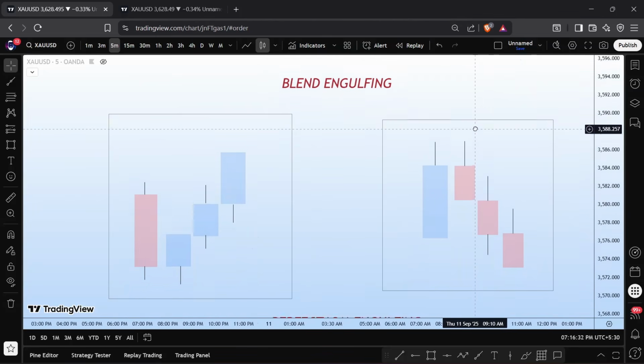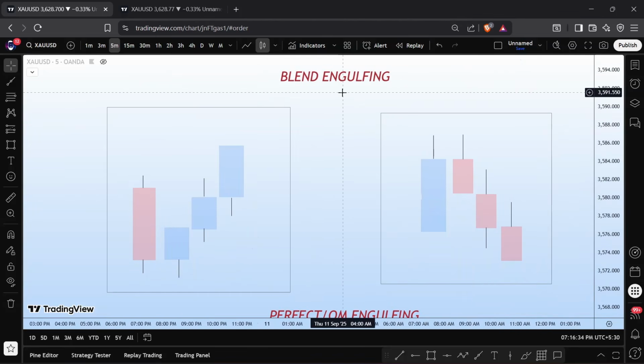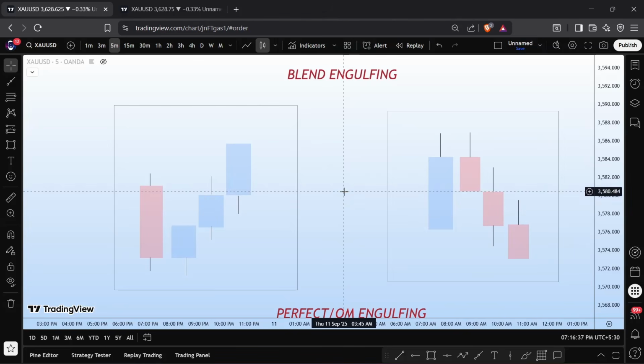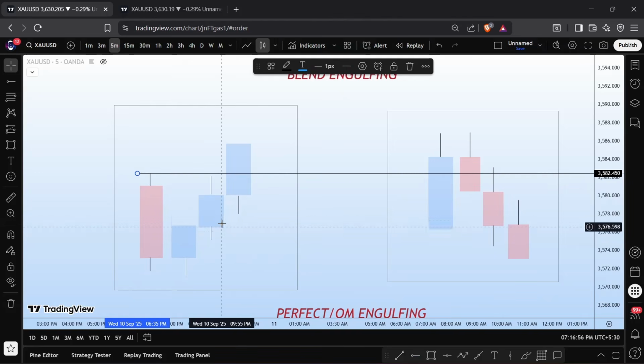Now coming to the second example, which is the blend engulfing pattern. In this example over here, price takes more than one bullish candle to close above the previous bearish candlestick high. So if you look at the example, the high of this bearish candle was engulfed by 3 consecutive bullish candlesticks. Whenever you see this pattern happening, it is a blend engulfing pattern.